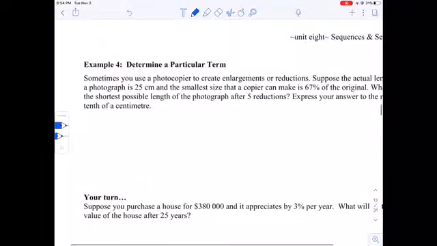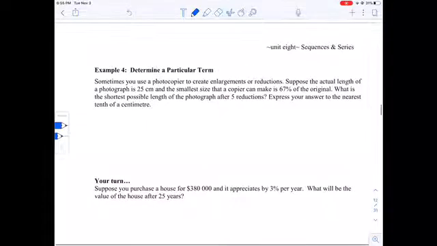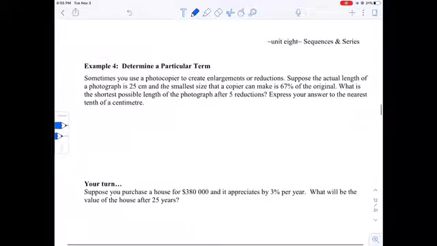Okay, let's look at a problem-solving question. It says determine a particular term. Sometimes you use a photocopier to create enlargements or reductions. Suppose an actual length of a photograph is 25 centimeters, and the smallest size that a photocopier can make is 67% of the original.